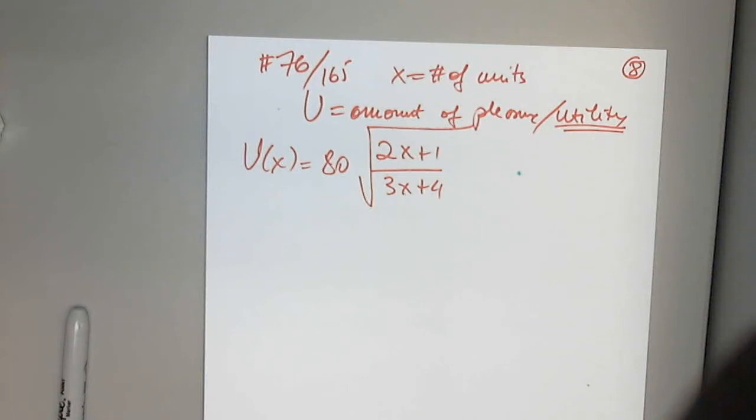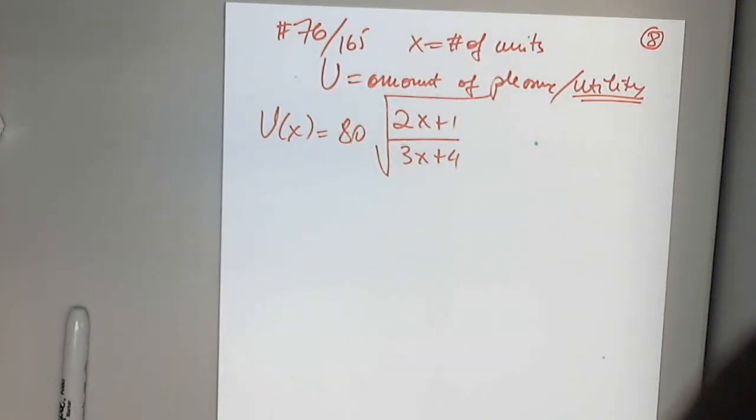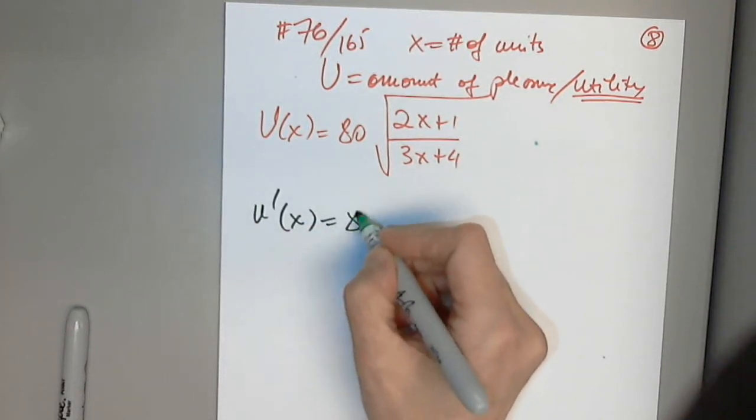It's not a nice function. It's an ugly function. So what do I have to determine? What am I looking for? The rate of change of u with respect to x, which means I need to find u prime of x.